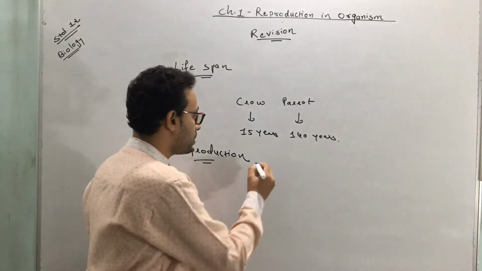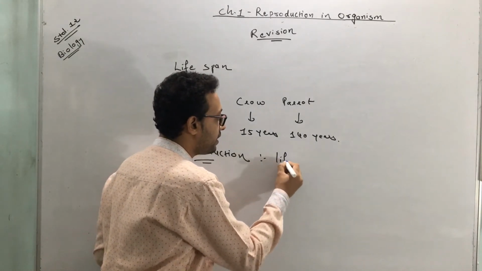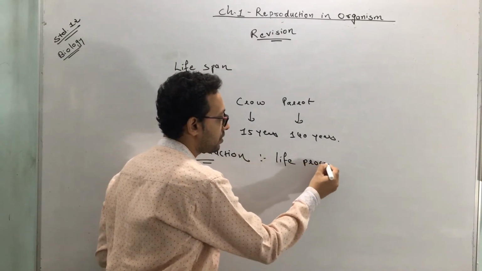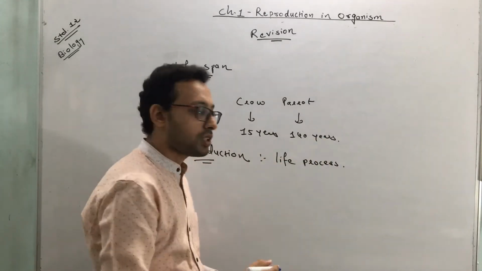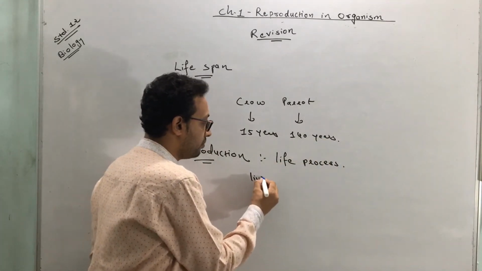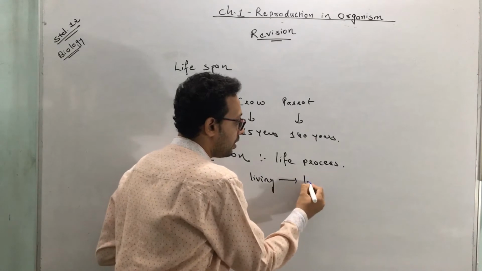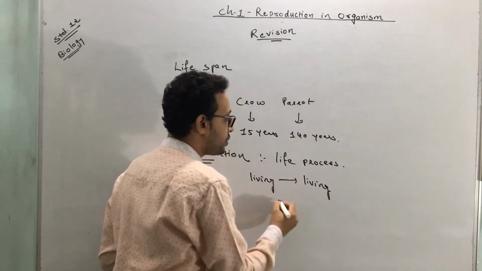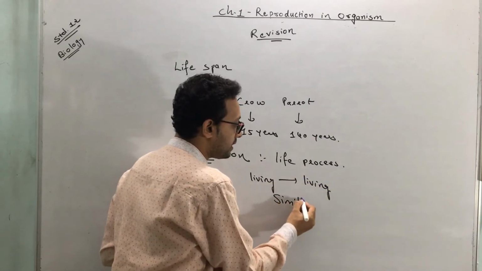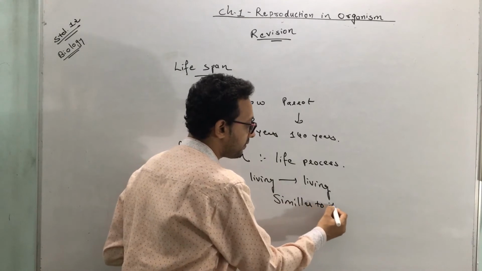So what is reproduction? Reproduction is a life process in which one living organism produces another living organism which looks alike or is similar to itself.